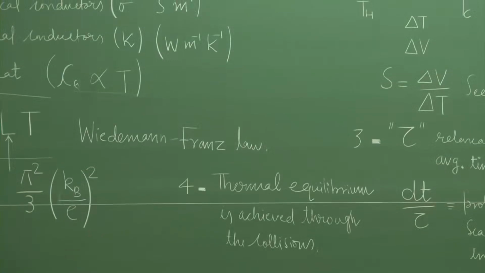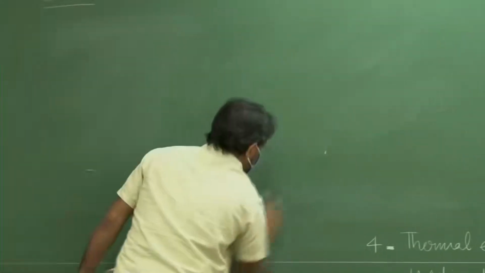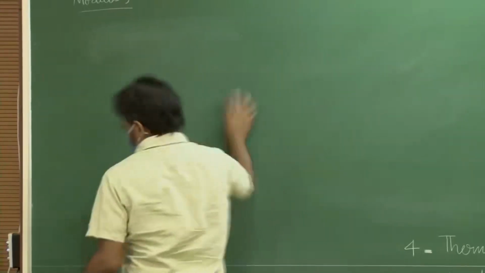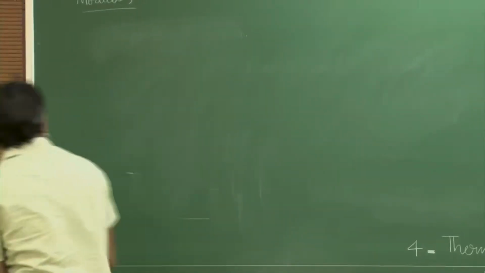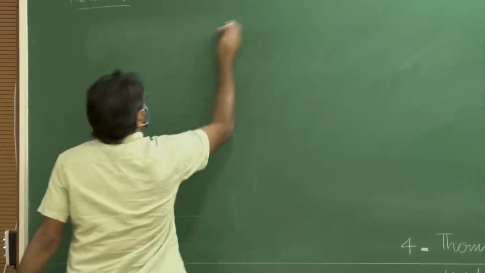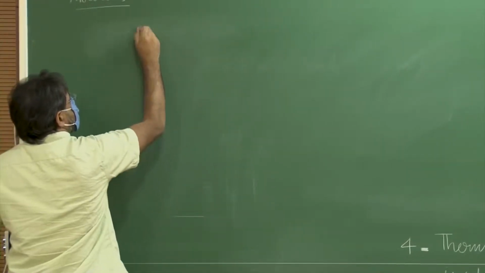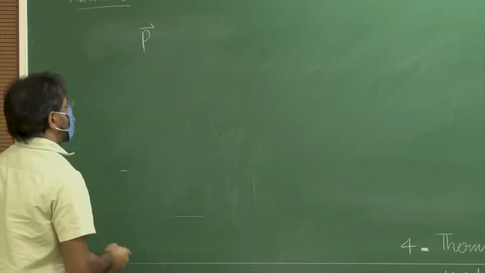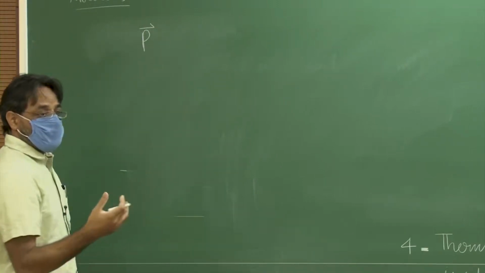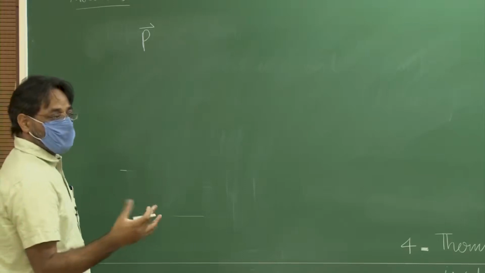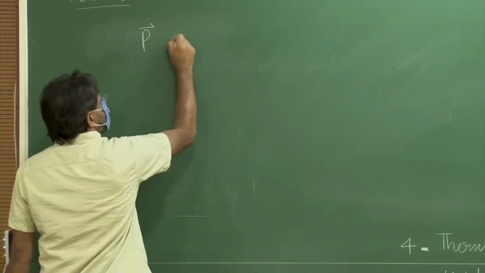Now, let us try to write the model more formally. Suppose this quantity P is the momentum of an electron, momentum per electron, but not just the momentum, this is the average momentum.